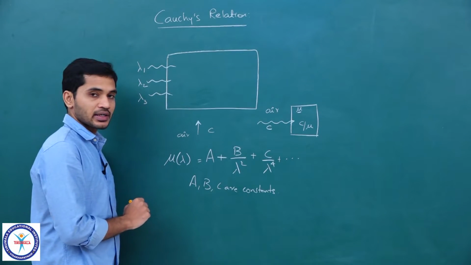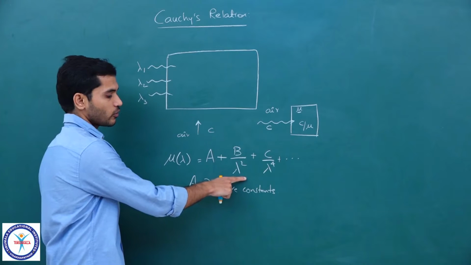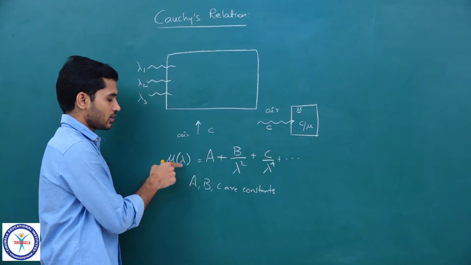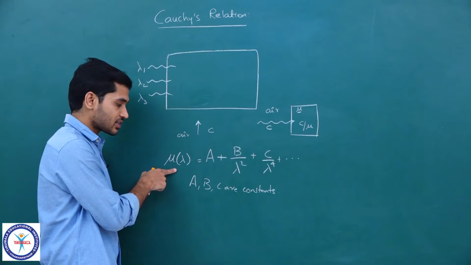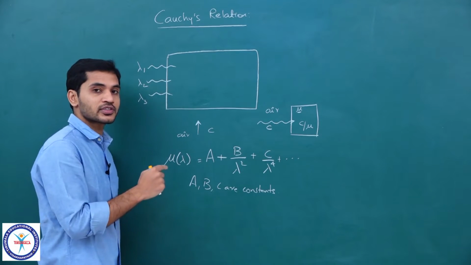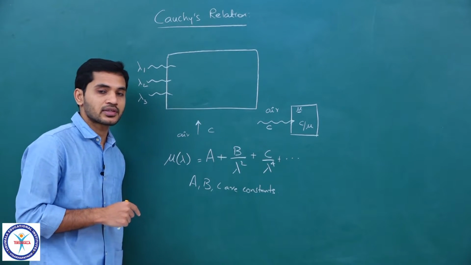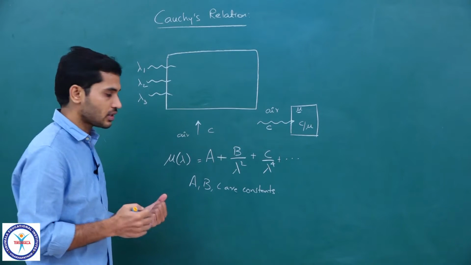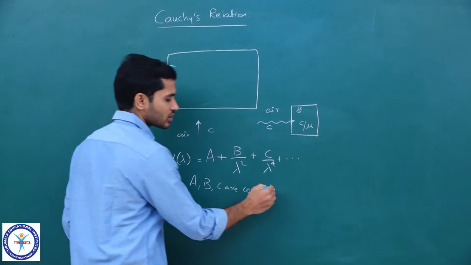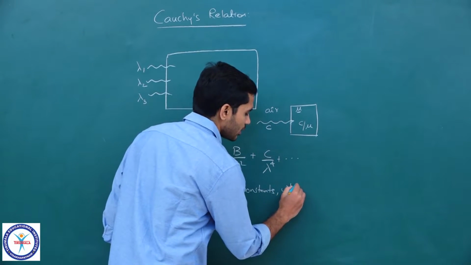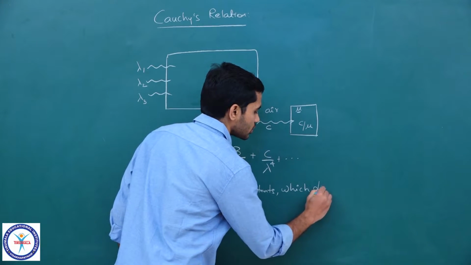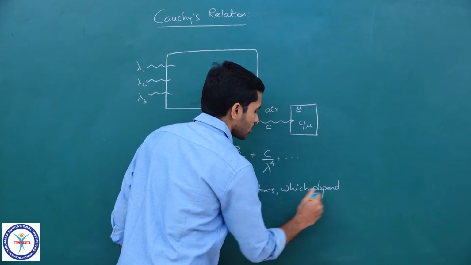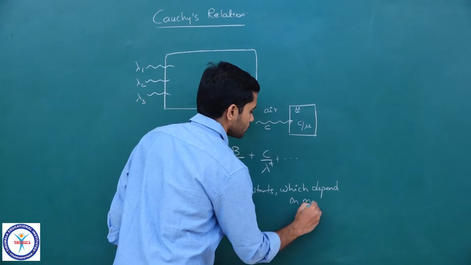By looking at this you can get an idea that as the value of lambda increases, the refractive index that the medium offers to that particular wavelength will be lesser.